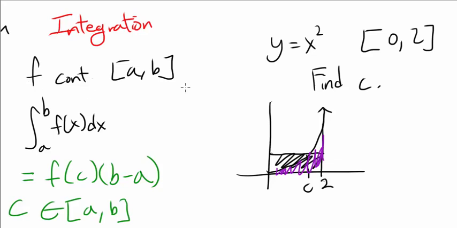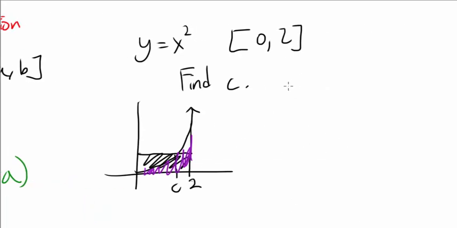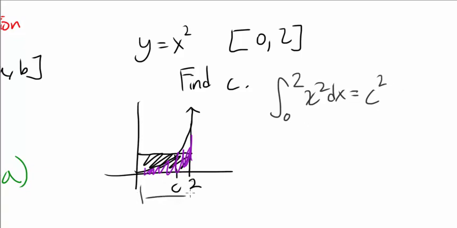We want to find our value c such that the integral from a to b, and in this case a is 0, b is 2, of x squared dx is equal to our function evaluated at c, or c squared, times the width of the interval, or 2. So c squared times 2 minus 0, or 2.